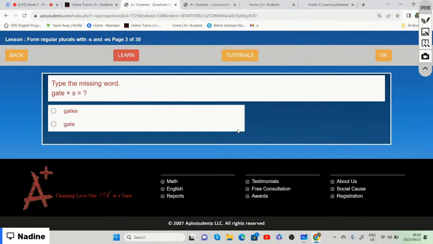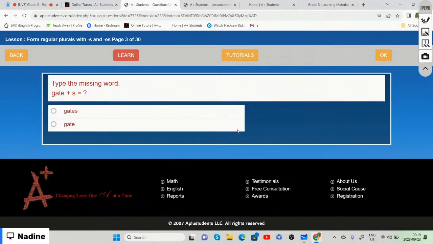Gate. Gate plus S. So the singular form of gate, we add an S. If we add an S to gate, is it still gate or is it gates to show it is plural?